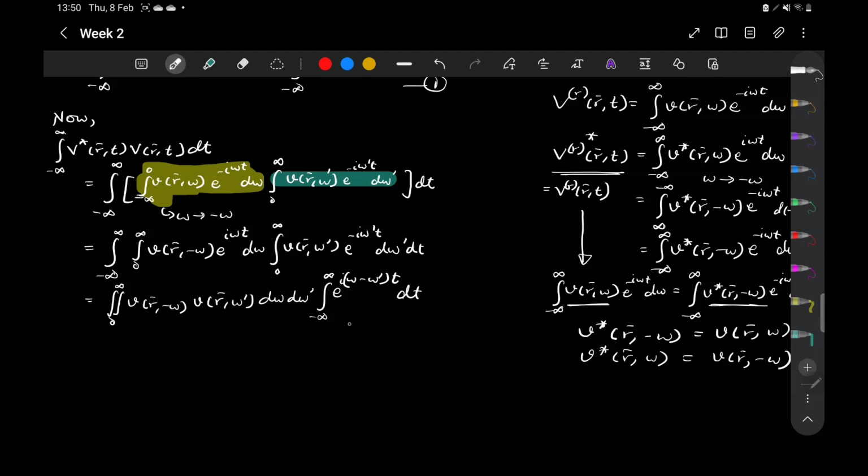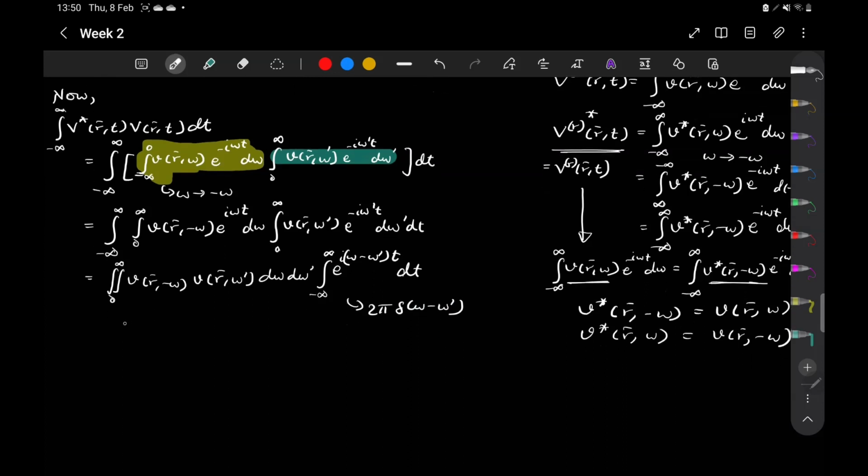Now again this will give us the Dirac delta function. And this is nothing but, as we showed, this is V star R omega.